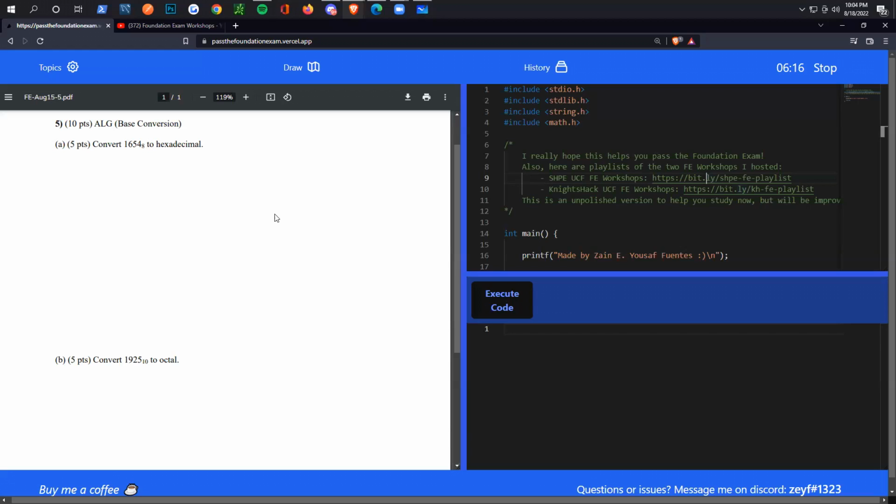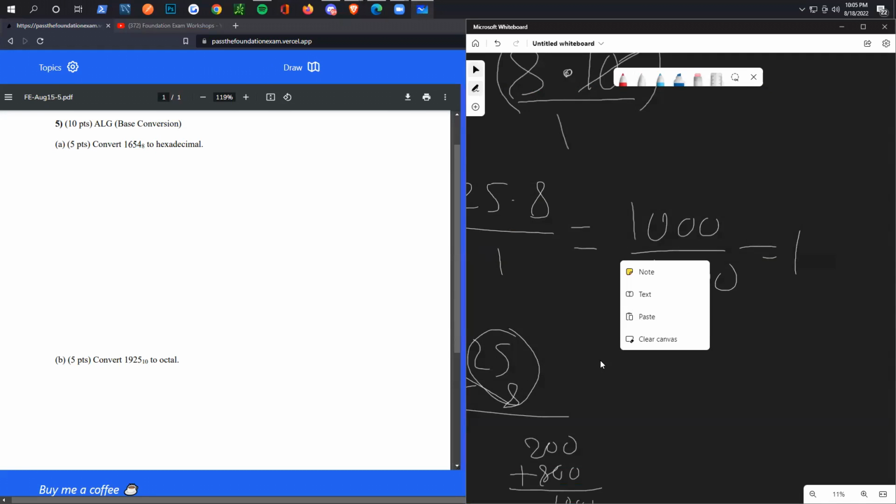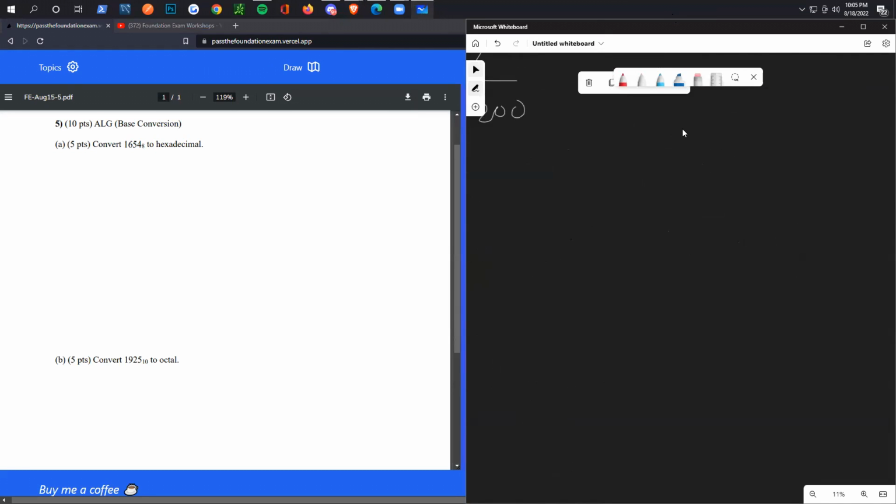I'll give another minute since I'm just talking. Okay, so let's get into this question. Convert 160.1654 base 8 to hexadecimal. So this is in base 8, and we're going to go to something in base 16.